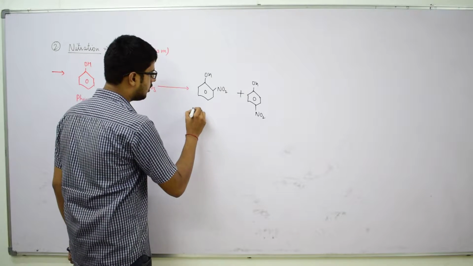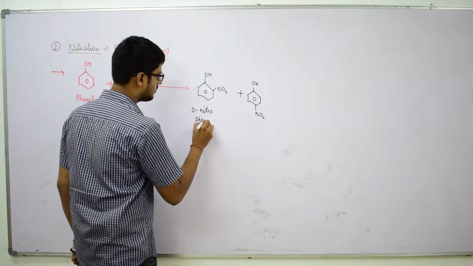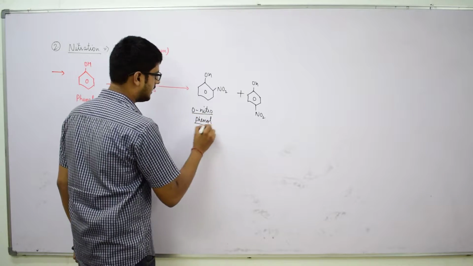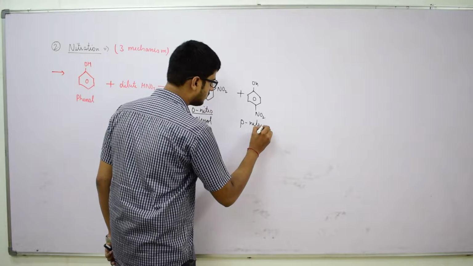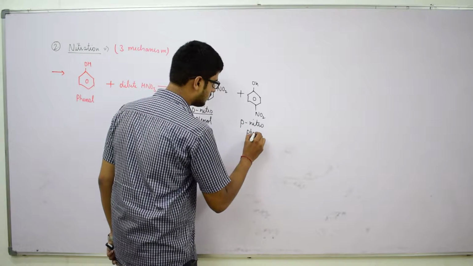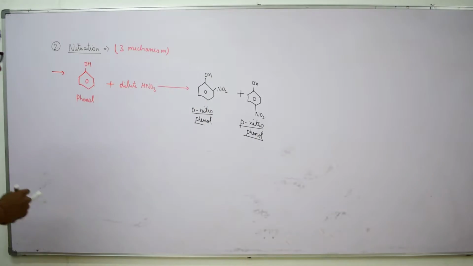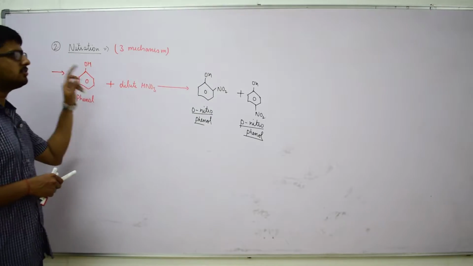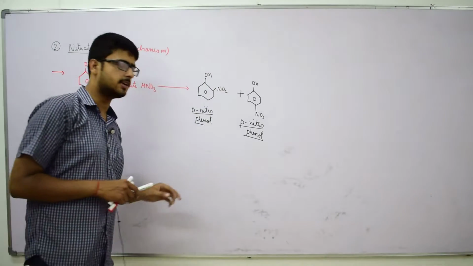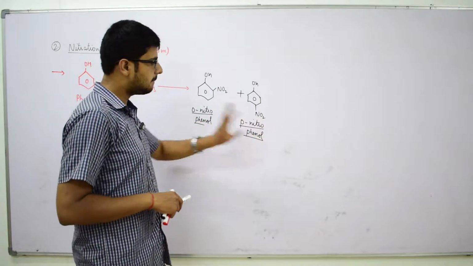So, this is orthonitrophenol and that one is paranitrophenol. So, this is the first mechanism of nitration. When phenol is treated with dilute nitric acid, it leads to the formation of ortho and para derivative products.